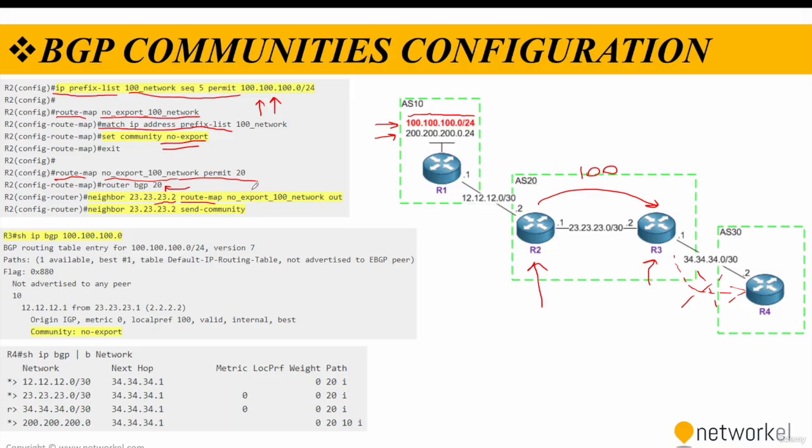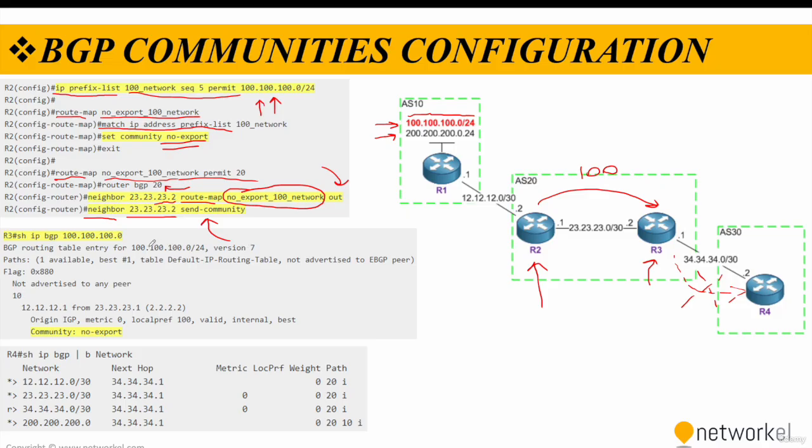This route map that I created will be applied in the outbound direction, and neighbor router 3 send-community keyword.